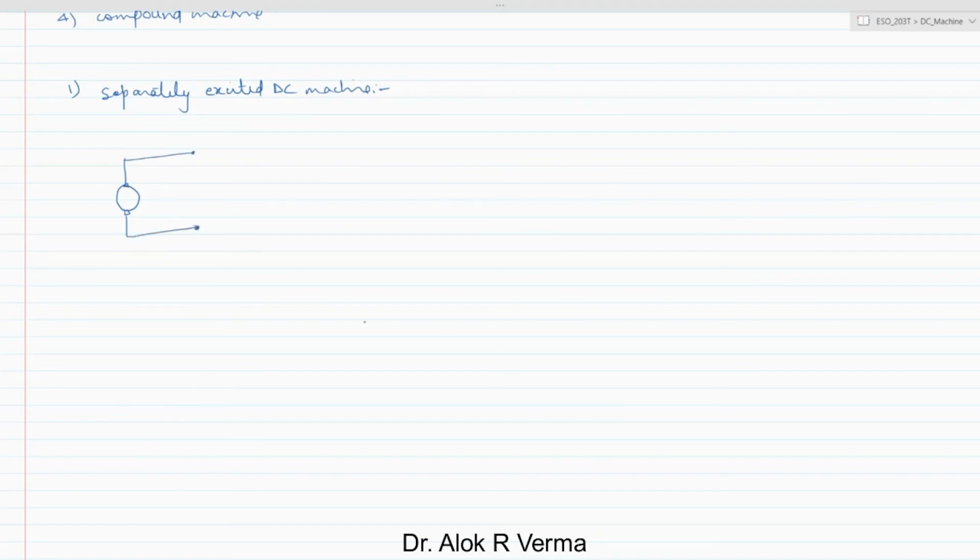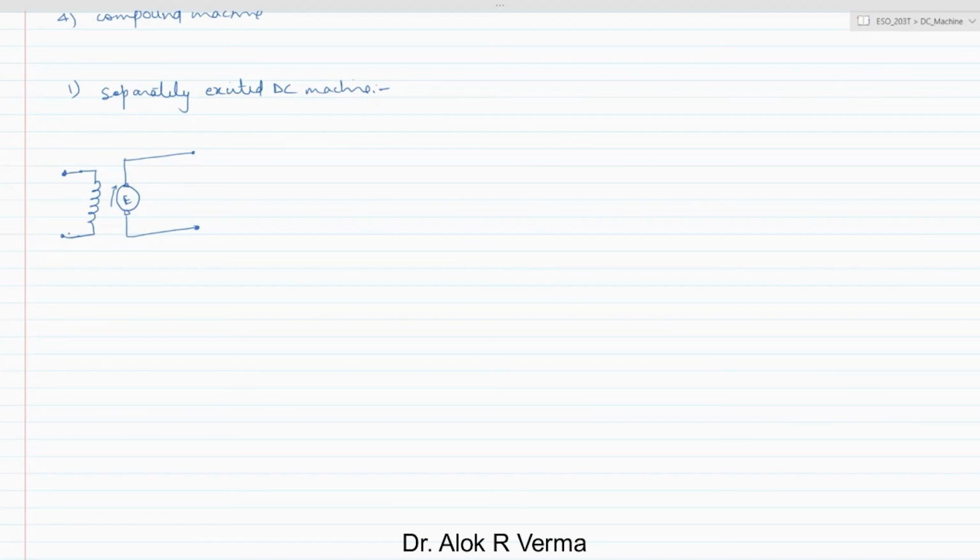So this is your machine, where this is the armature and the generated EMF is shown here. It is basically rotating. Now the field excitation for this is represented by a field coil which is excited separately. This is a representation of a separately excited DC machine.